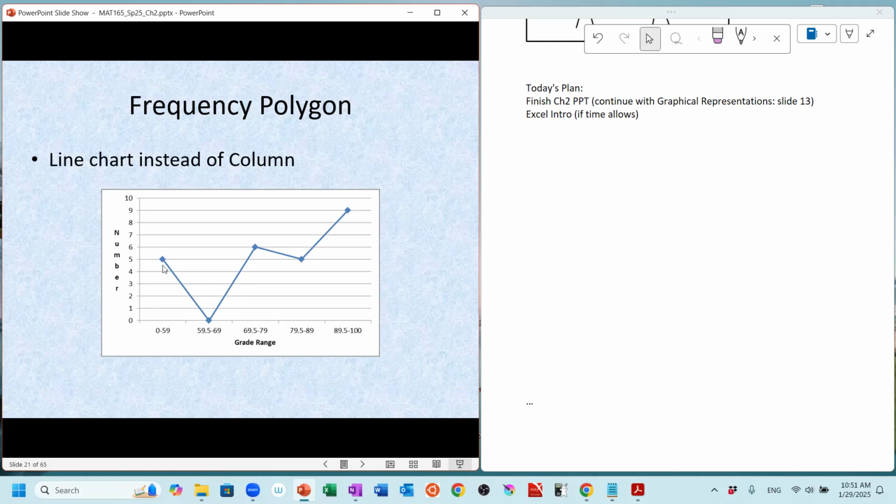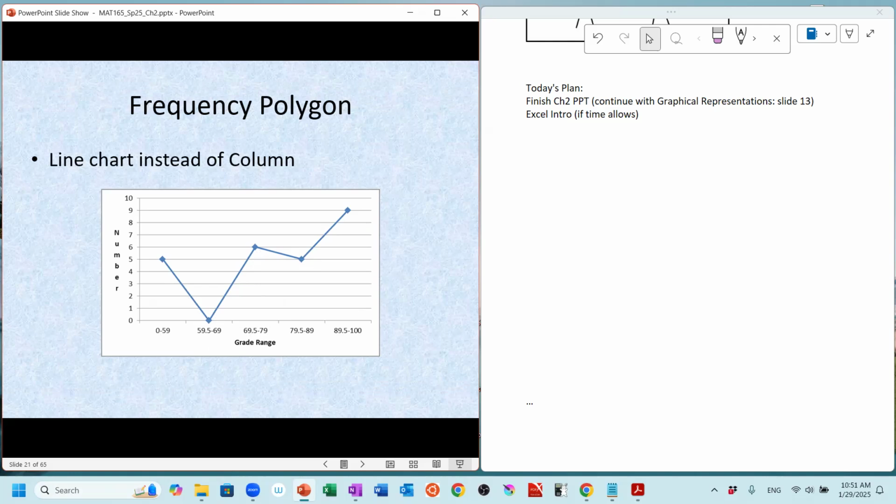And we see basically the same thing here. We see our grade range, our classes, F, D, C, B, A, and here we put a point above each class at 5, 0, 6, 5, 9, and we can connect them with a line, just connecting the dots. If I have the type of data that I can use to construct a histogram, I can construct a line chart off of it.